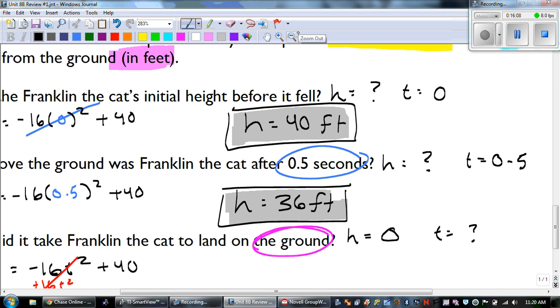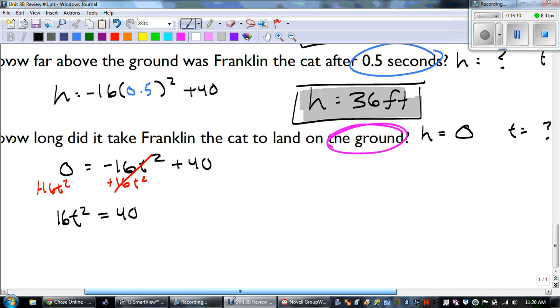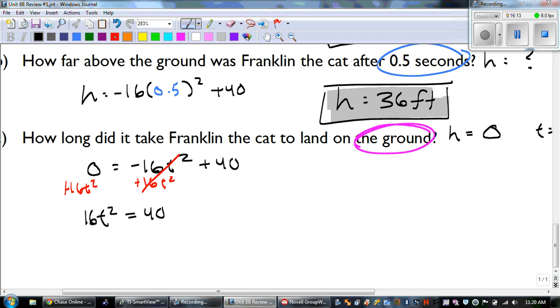Let's zoom in here. The next step would be to divide by 16, and we get t squared equals 40 divided by 16, which is 2.5. And then to solve for t, I'd take the square root. This one you have to round.